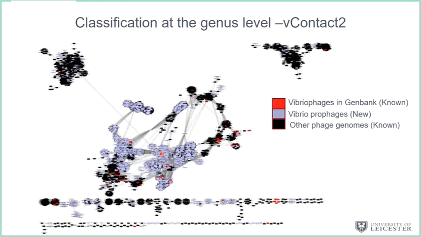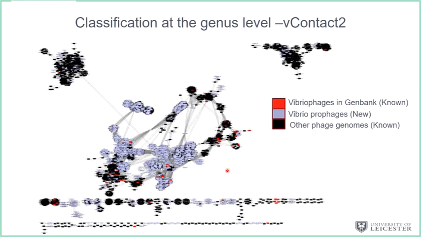So the red dots that stick out every now and again are Vibrio phages that were known at the start of this study, and the black is any other phage that was known at the start of this study. And then the lilac-y bluey colour, these are all new phages that we identified within this study.